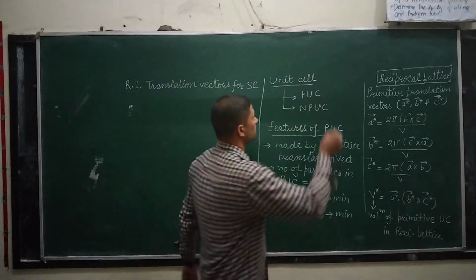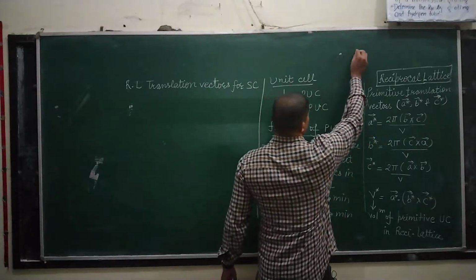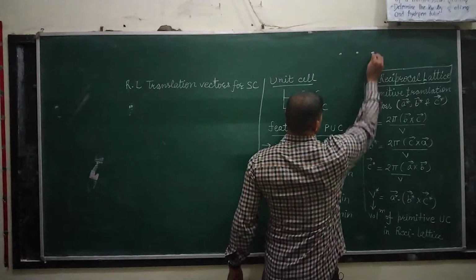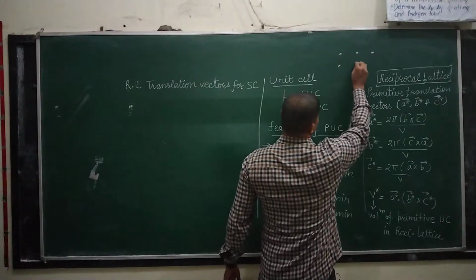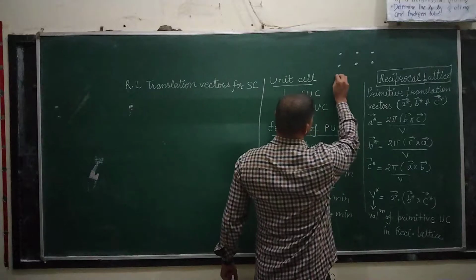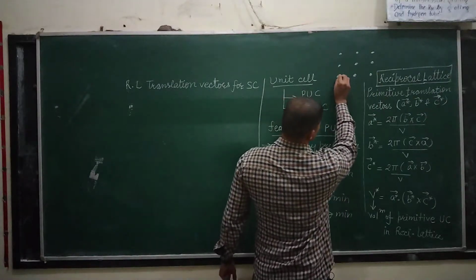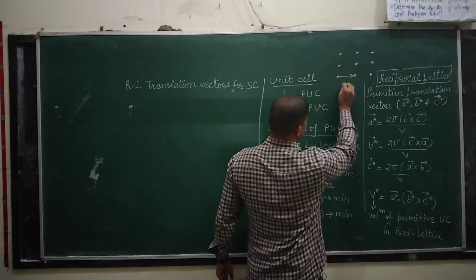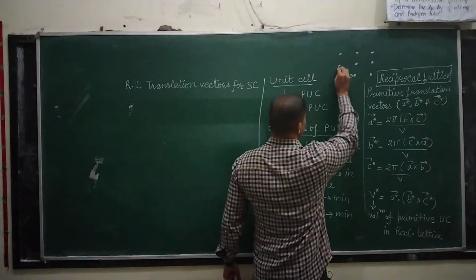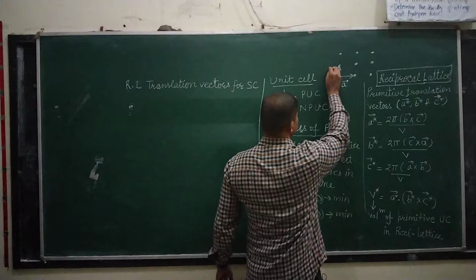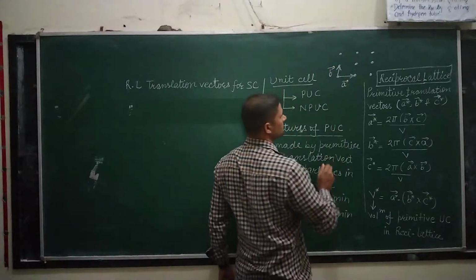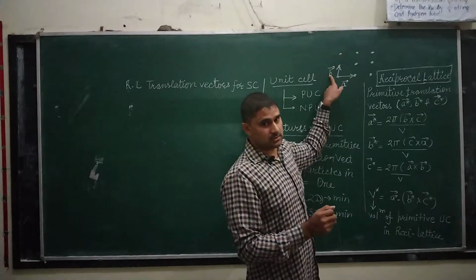For example, if you have this type of arrangement of particles in 2D, along this direction is vector A and this is vector B; these are primitive vectors.